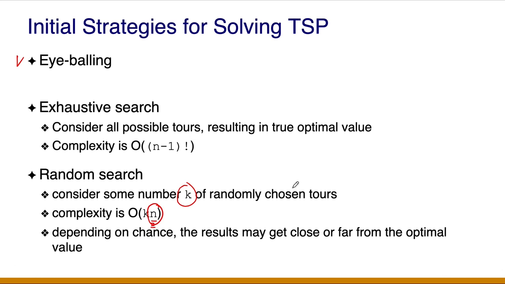That's the reason why you have to incur this additional element. So it's very fast, linear essentially in the number of cities, but the issue is that it completely relies on chance. And for large instances, the chance that you're going to stumble upon a good solution will be very, very slim.